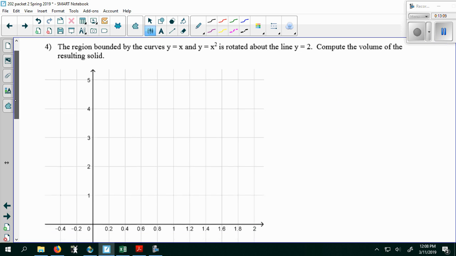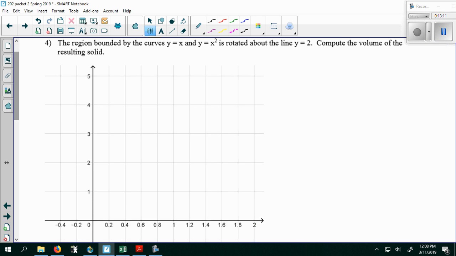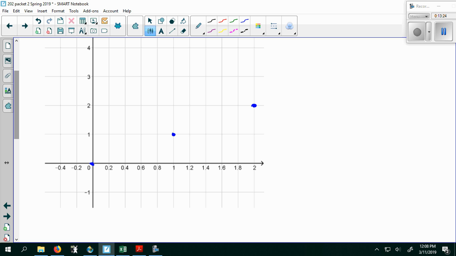Region bounded by the curves y equals x squared, rotated about the line y equals 2. Okay, so y equals x. I've got 0, 0, 1, 1, 2, 2. There's my line y equals x. Connect those.